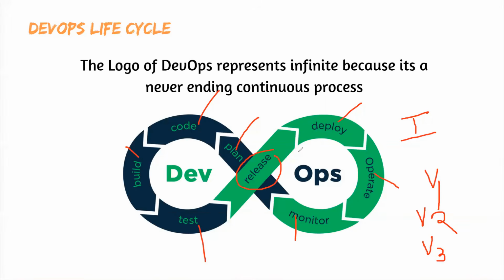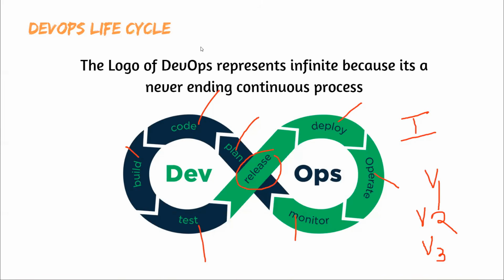Continuously there is a process running behind the scenes, and the application will never stop updating. For the same reason we use the infinity symbol for DevOps, because DevOps is a never-ending process. Never-ending means there is no stoppage, right? That is the reason we use the infinity symbol here.